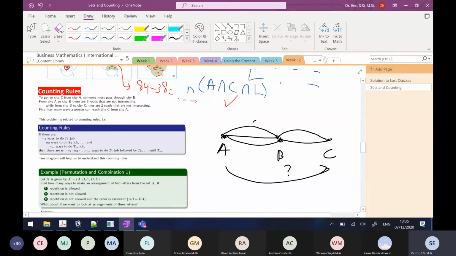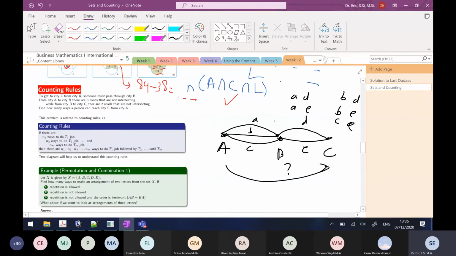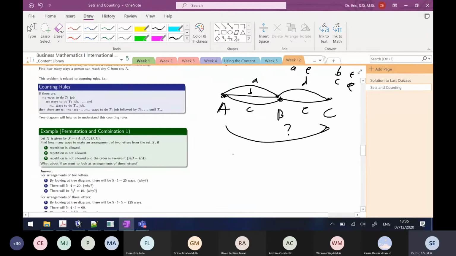If this is A, B, C, and this is D, E, so you have A, D, A, E, B, D, B, E, C, D, C, E. So how can you see this? By using a tree diagram. So A, B, C, and for every A, B, C, you have branches D and E.